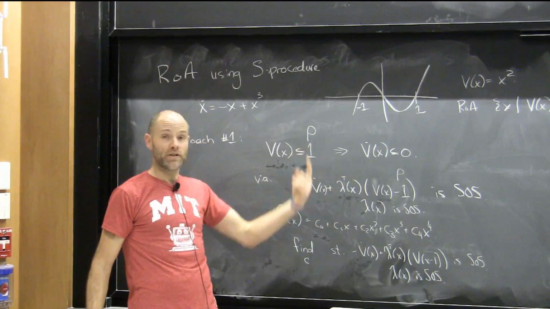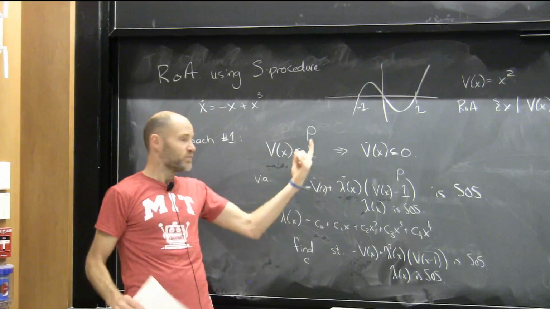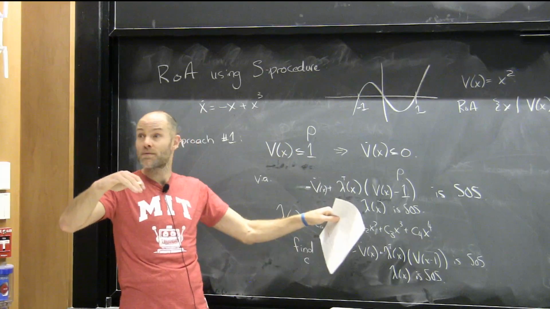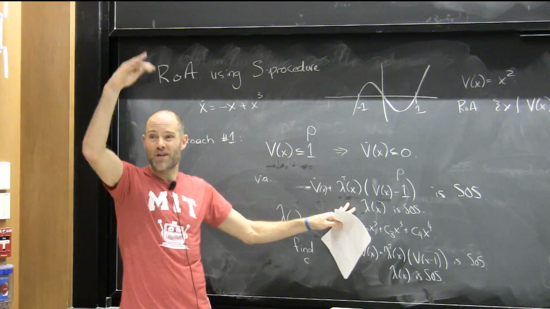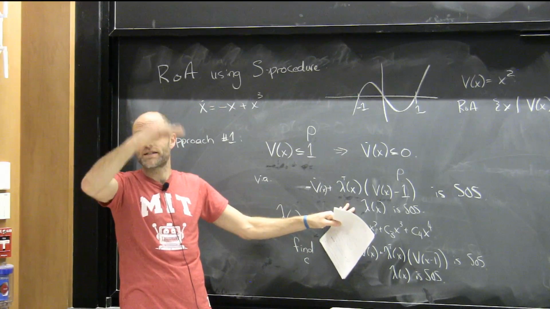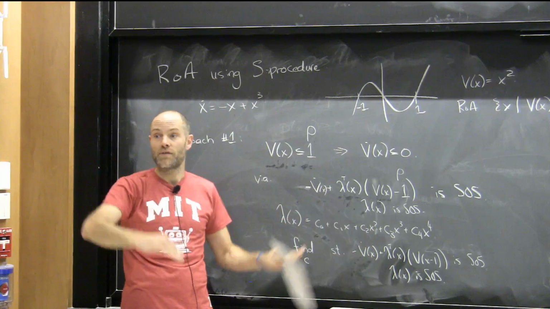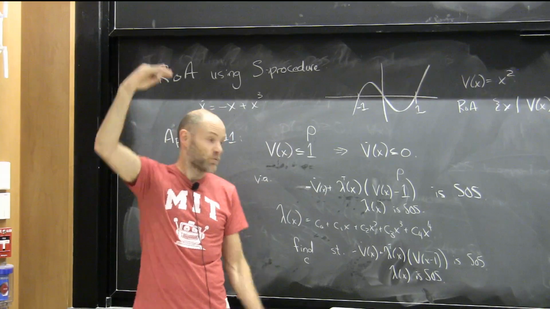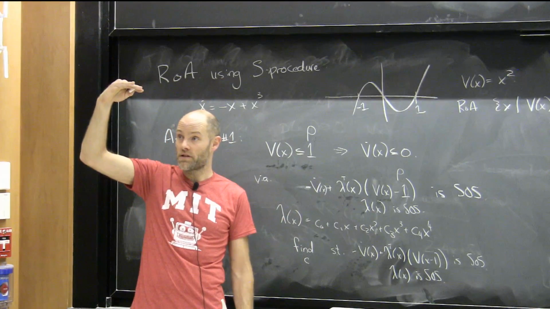But it's a scalar, so you could just set rho, check the sums of squares program, and then do a line search on rho, and very effectively just solve a handful of convex optimizations and find the biggest level set which passes these conditions.